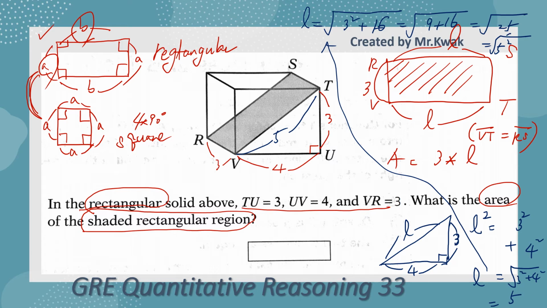And then root and second power could be removed together. And then the length is 5. So we could find 5 and the area is 3 multiplied by 5, which is 15.